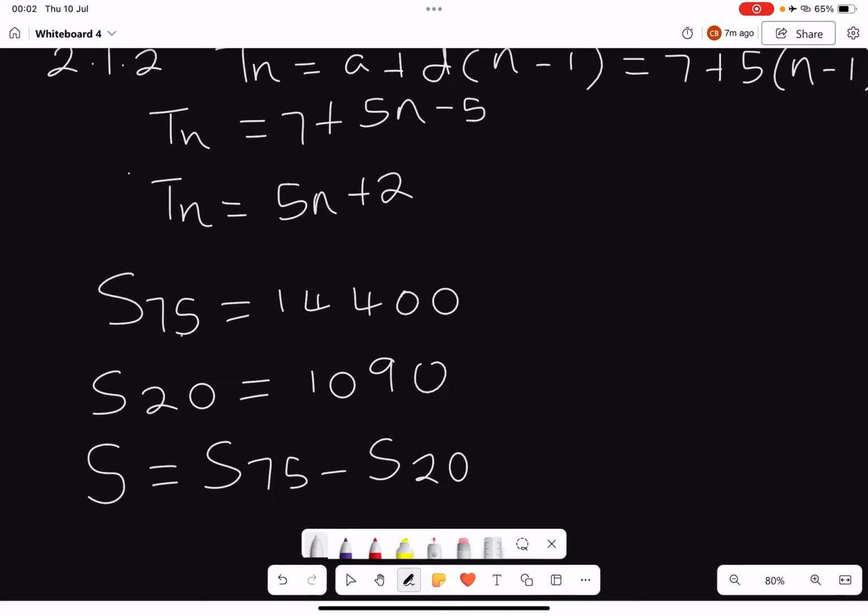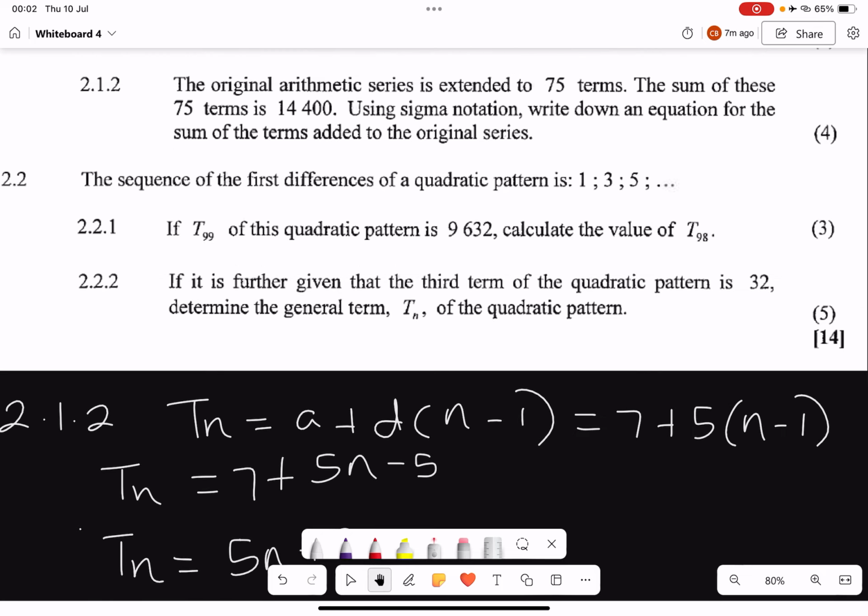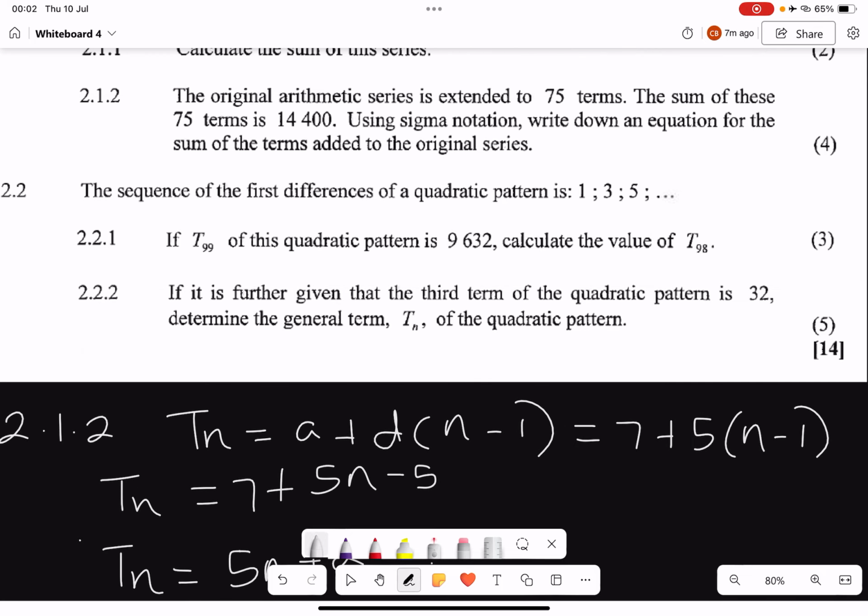I need to go back and read the question again with you so that you understand what I'm actually doing here. They say the original arithmetic series is extended to 75 terms. So we have 75 terms now in total, and the sum of these 75 terms is 14,400, which means all the terms added together from term 1 to term 75.